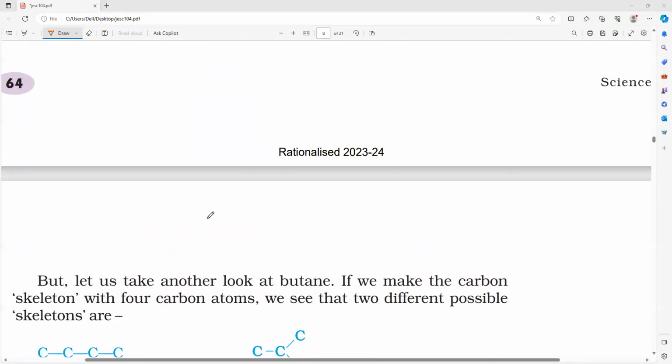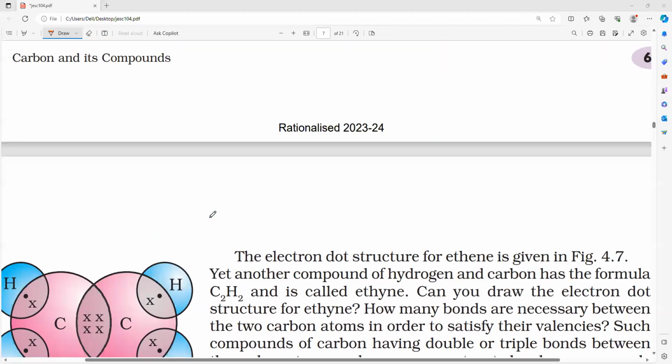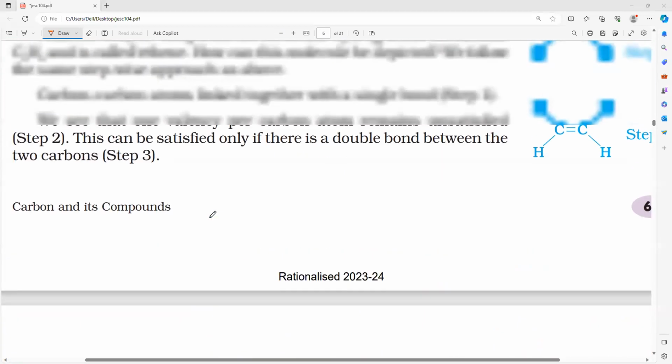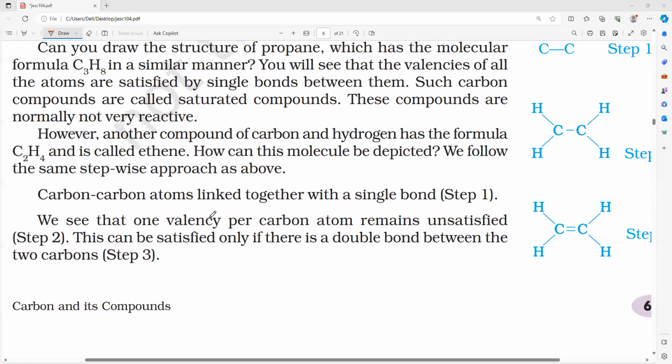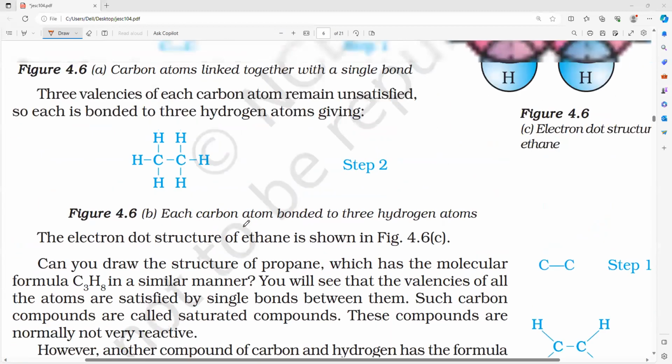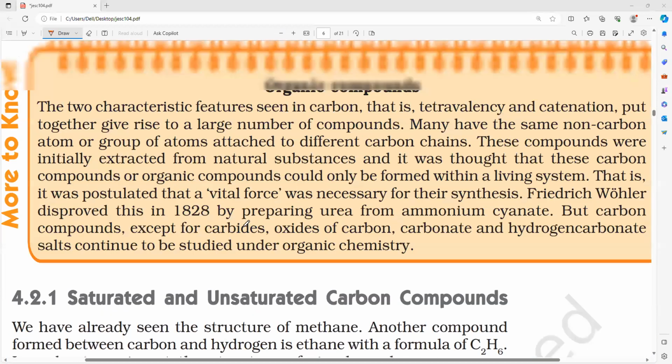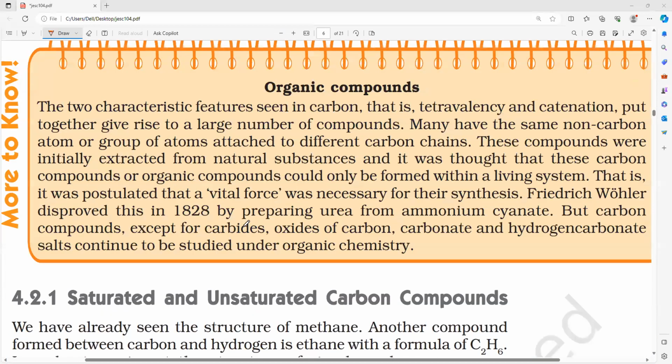Initially it was considered, as you remember from the beginning, that organic compounds, basically compounds constituted of carbon and hydrogen, or simply hydrocarbons, were those derived from living organisms, either from animals or plants, and these cannot be synthesized in the laboratory.